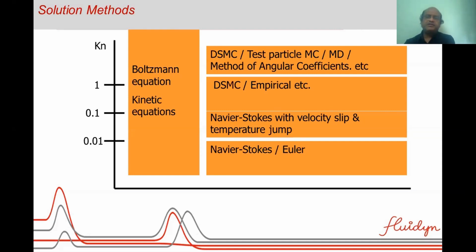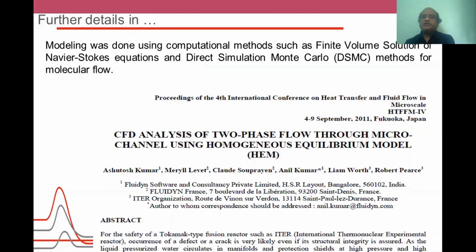In the present study, which I had mentioned, we used a combination of Navier-Stokes solvers with velocity slip to model the flow in the upstream of the leak and through the leaks, and used DSMC, direct simulation Monte Carlo technique, in the vessel, in the vacuum vessel itself.